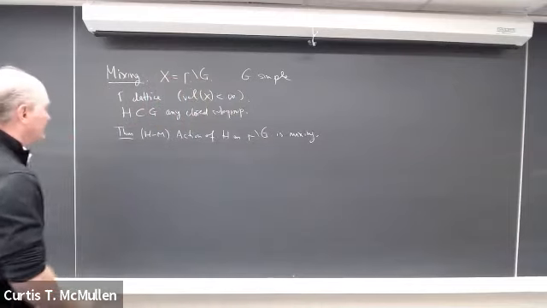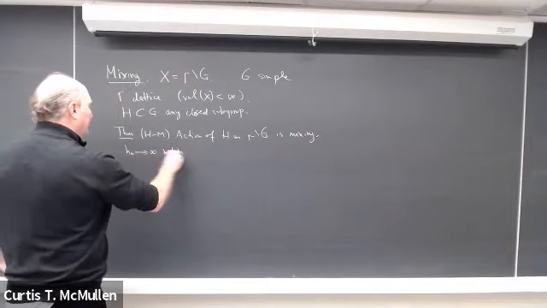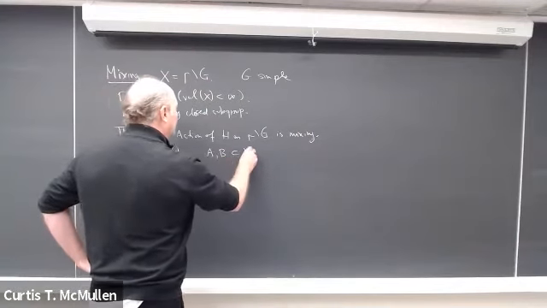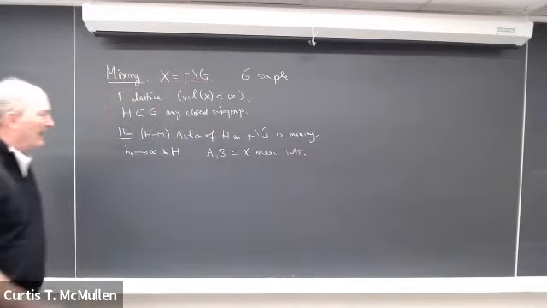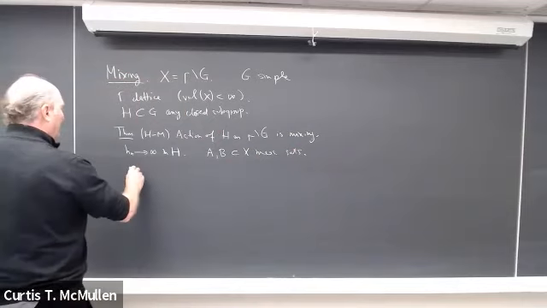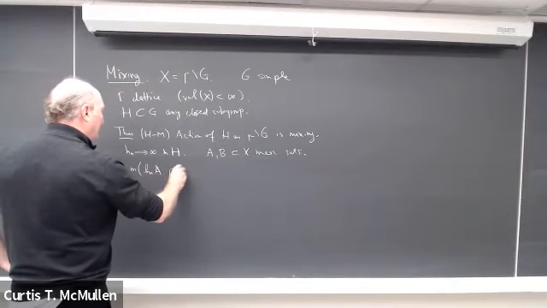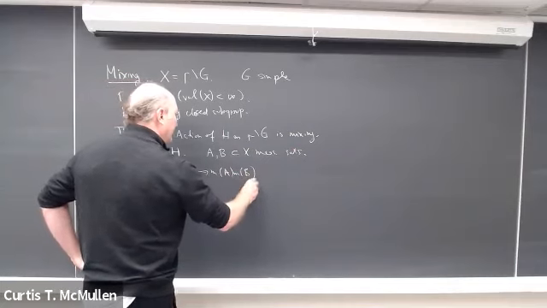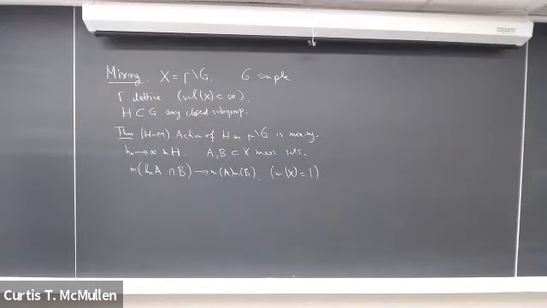And what this means is that if h_n goes to infinity in H, meaning it leaves every compact set, and A and B contained in X are measurable sets, I'm just going to say it in a slightly more geometric way this time, then the measure of h_n A intersect B tends to the measure of A times the measure of B if we normalize so that the measure of X itself is equal to 1.